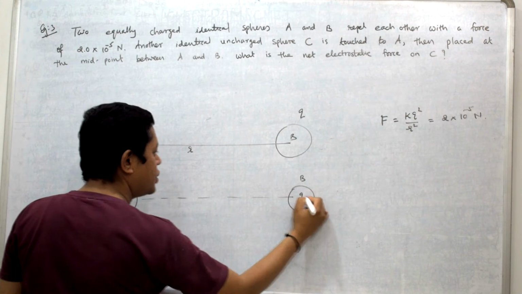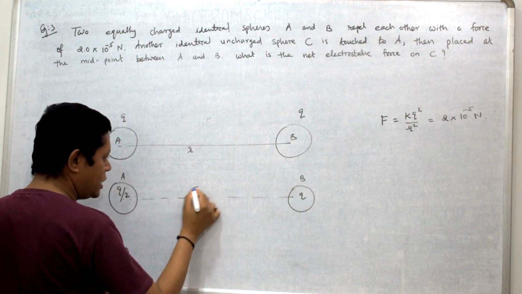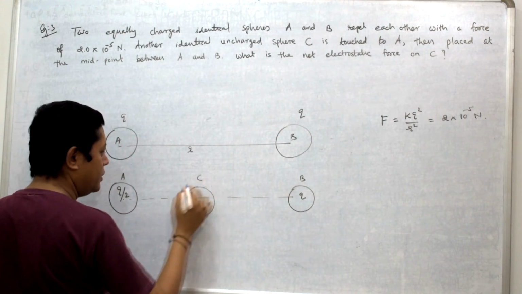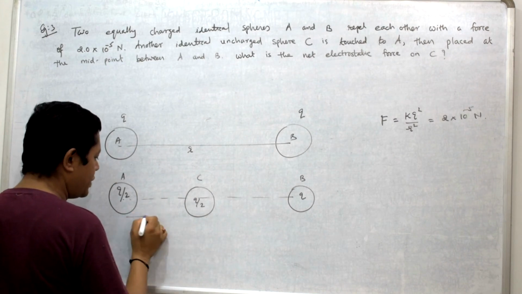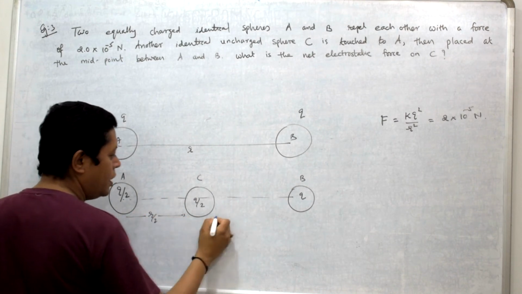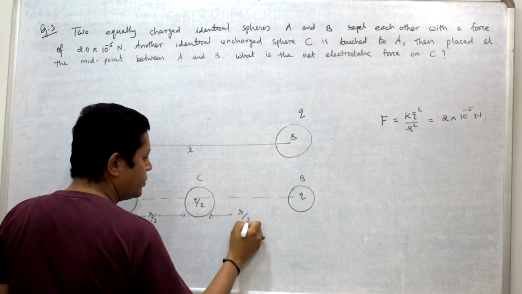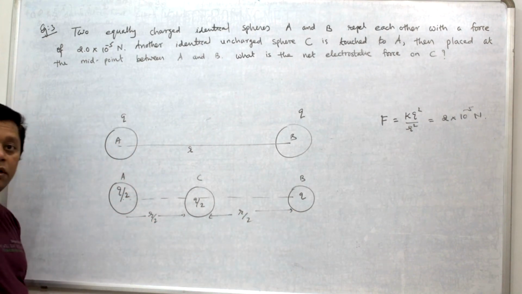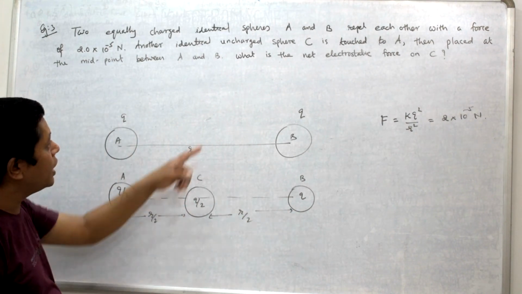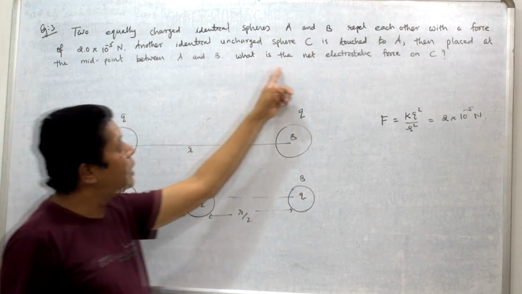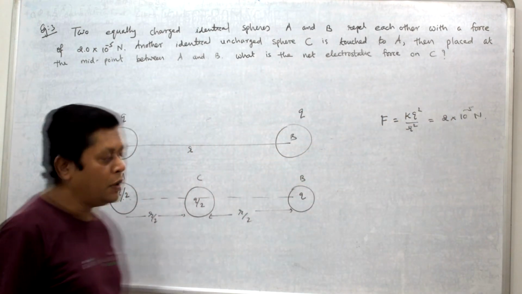B has charge Q. C is placed at the center, with charge Q by 2. Each separation is now R by 2. Find the net electrostatic force on C.